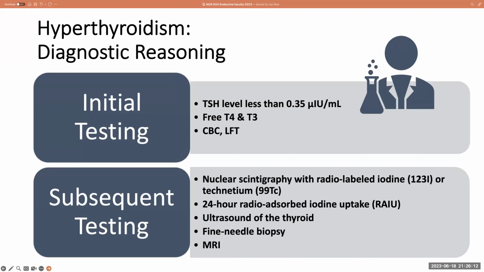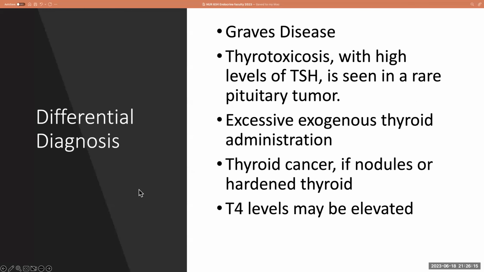Differential diagnosis. Graves' disease is one, that's the most common. Thyrotoxicosis, where you have high levels of TSH, can be seen in a rare pituitary tumor.